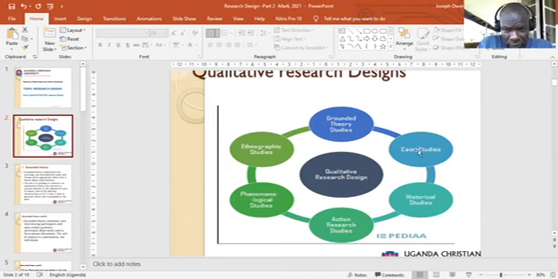After that, we will go to case studies, and then we will go to historical studies, then we will go to action research, then we will go to phenomenological studies. These are all designs, and then we go to ethnographic design or studies. We will be moving in this direction. This is what we call the clockwise direction. We will be moving in that direction.